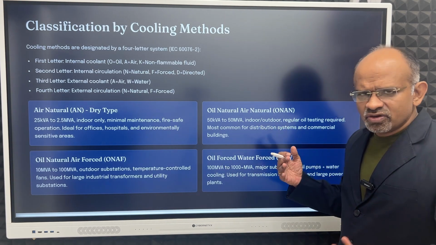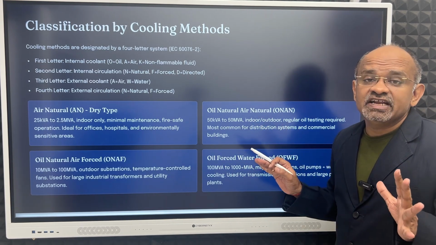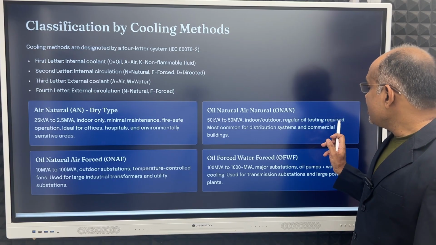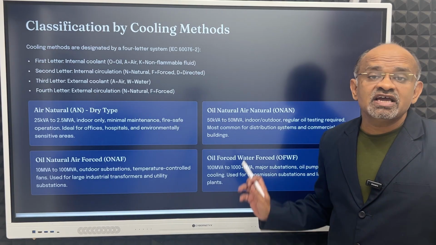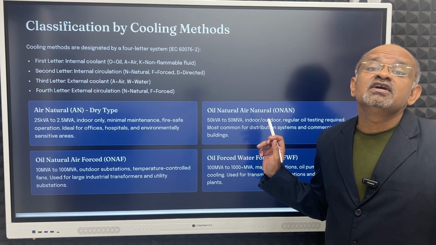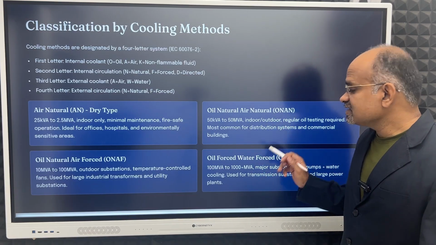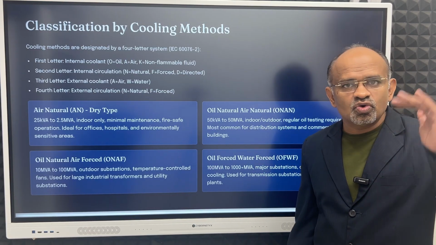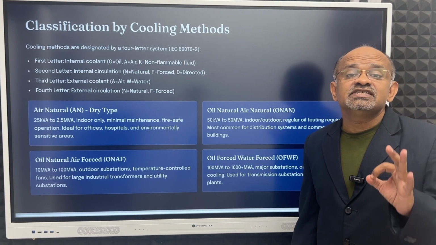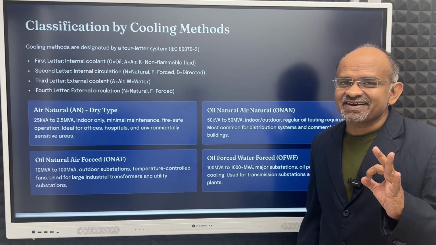Indoor or outdoor, indoor can be, but you should have proper ventilation. Regular oil testing is required, otherwise this becomes a risk, because if the oil's dielectric strength goes down, there are chances of fire or blast.